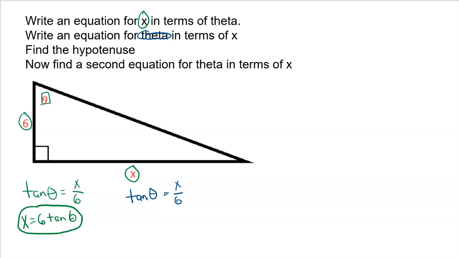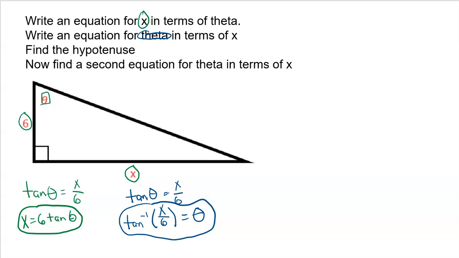I need to pull the old switcheroo. So I'm going to switch my input with my output. I'm going to switch the theta with the x over 6, but I have to use an inverse tangent. There's my opposite over adjacent inside, and now my output is the angle. Voila. There's an equation for theta in terms of x.